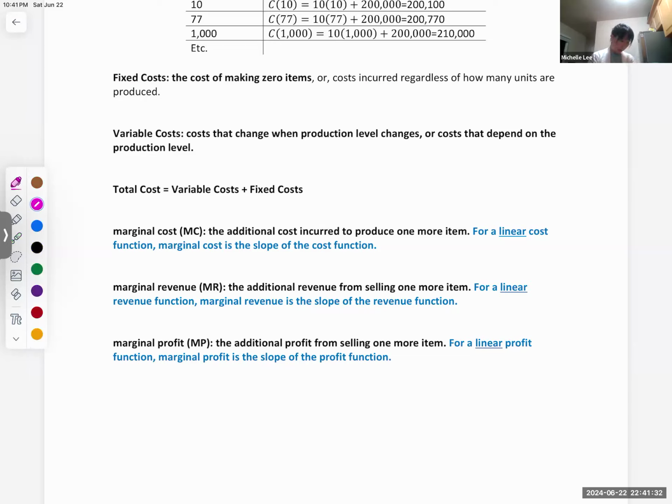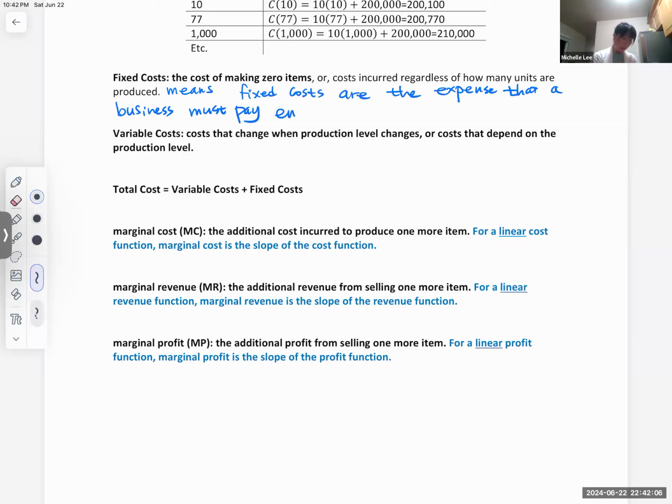This means fixed cost, or the expense that a business must pay even if it produced 0 units.